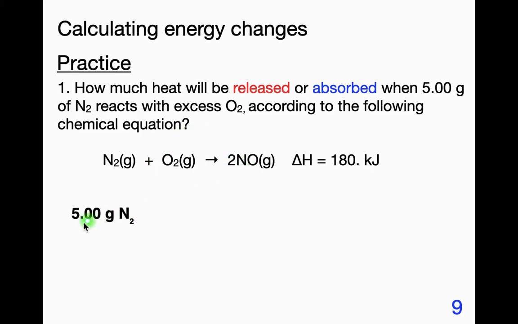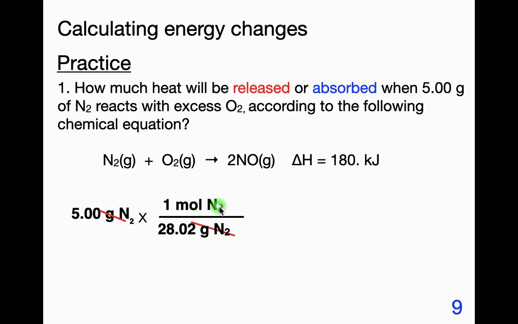So 1 mole of nitrogen, you need to look it up on the periodic table. Remember that it's diatomic, so 2 nitrogens is 28.02. 1 nitrogen is 14.01. Okay, so now we can cancel out the grams.